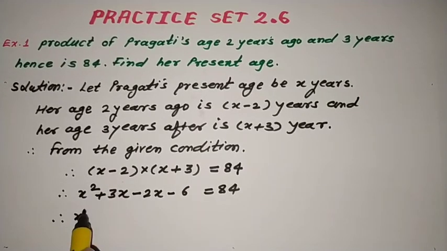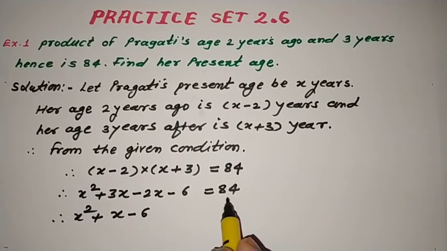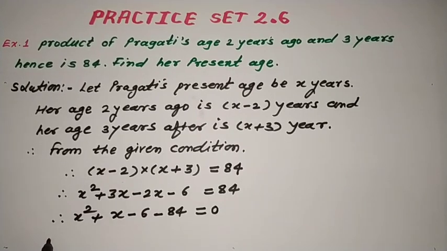Therefore, x square, like terms 3x minus 2x is equal to x, minus 6. Taking 84 to the left hand side gives minus 84, right hand side is 0.